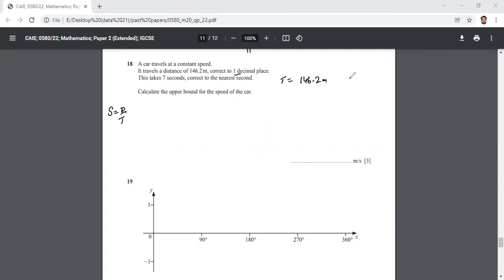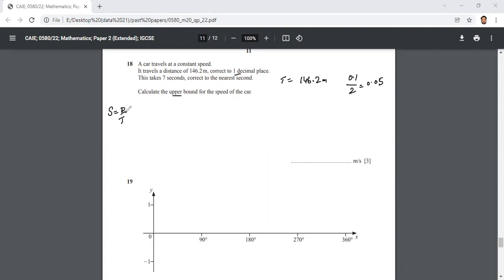That is your degree of accuracy, 0.1. Whenever you find a lower bound and upper bound, we always take half of the degree of accuracy. Half of 0.1 is 0.1 divided by 2, that gives us 0.05.